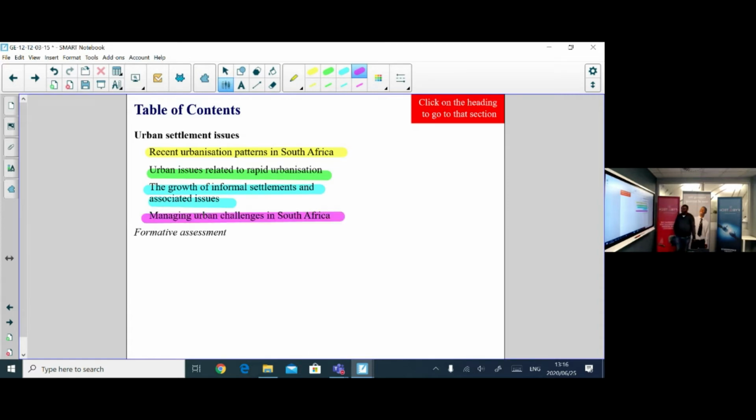Then we are just going to have a formative assessment, but unfortunately it's not going to be an online one. We are going to actually go back to the other questions that I showed you, and we deal with some of those questions and come to some of the questions that are related to settlement issues.